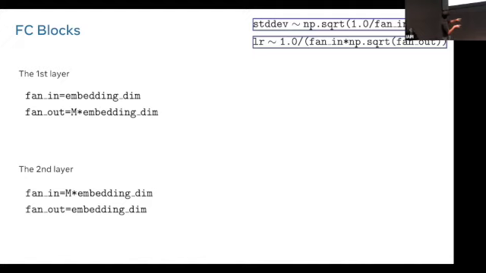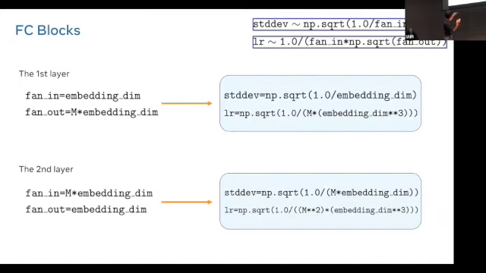For the first layer, fan-in is the embedding dimension and fan-out is m times the embedding dimension, and for the second layer, the reverse. You just plug this in, you get 1 over the square root of the embedding dimension, and if you don't care about the m, then you have this cube appearing again. So basically, that's that.